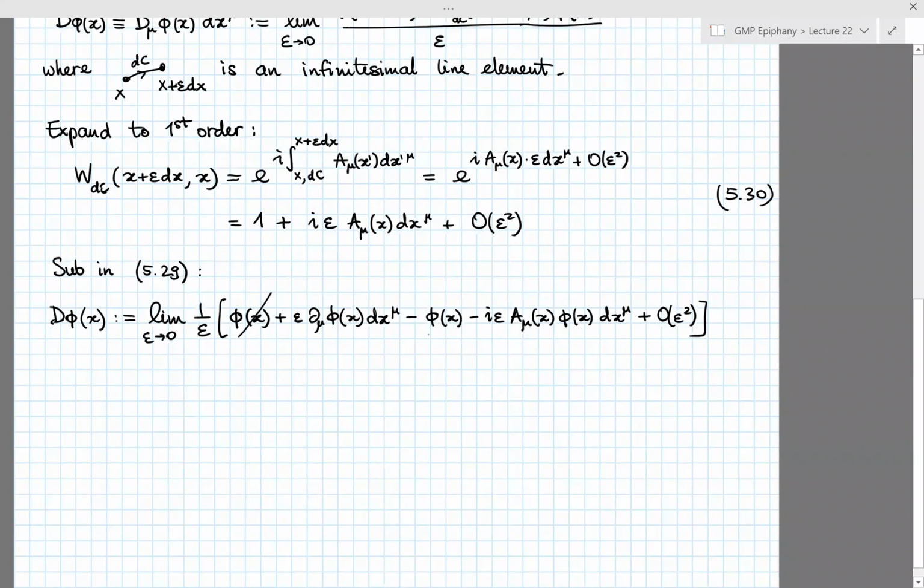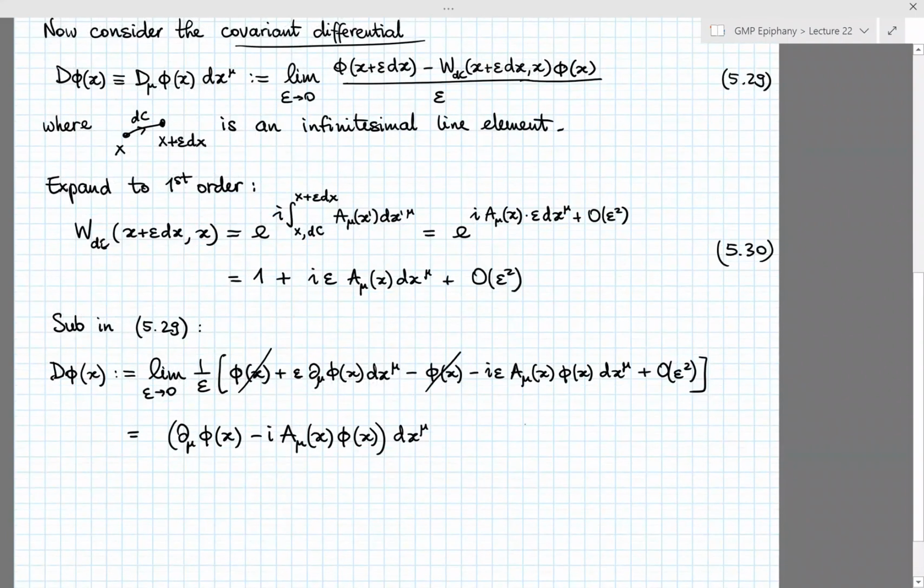Now I can cancel equal and opposite terms. I can take the limit and I get the partial derivative of phi of x with respect to x mu minus i times A mu of x, the gauge field, times phi of x. And all of this multiplies dx mu.